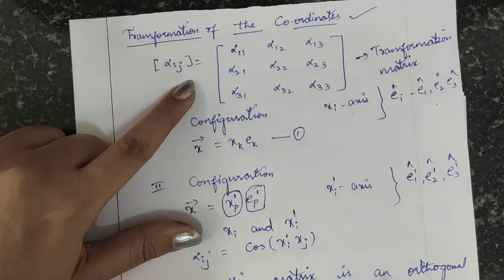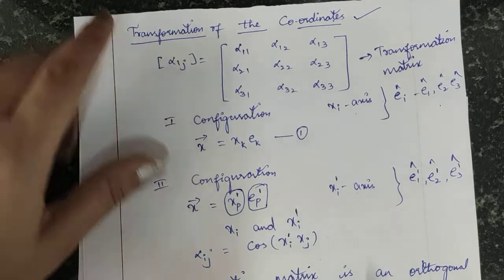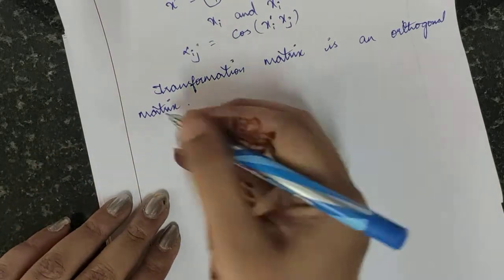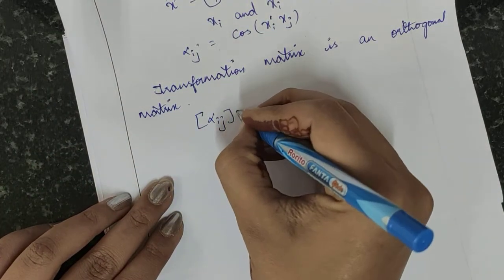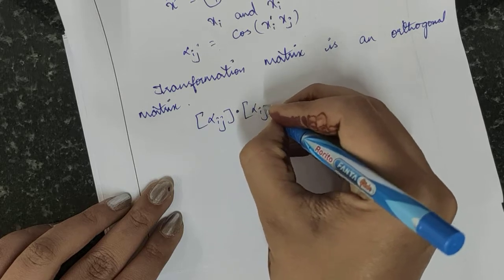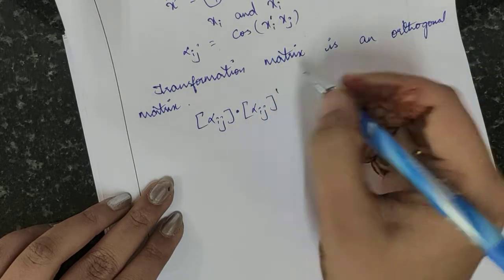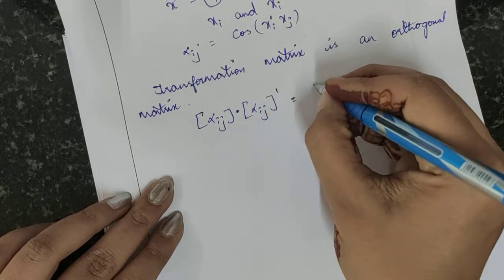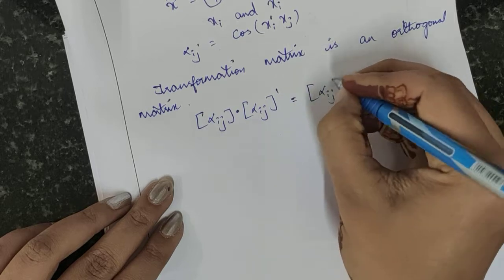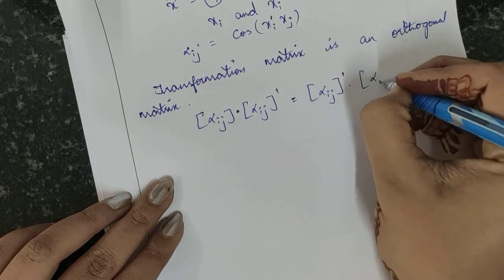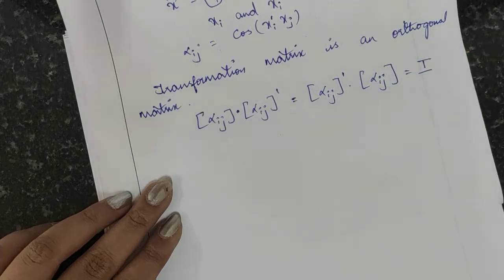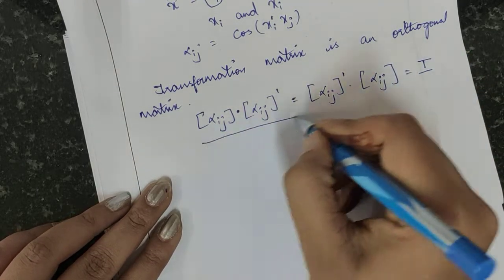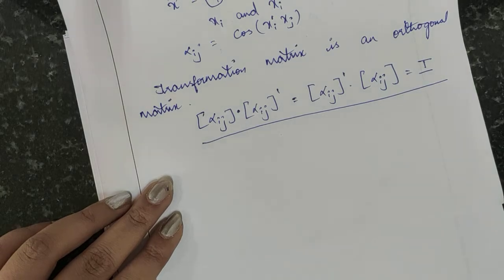In order to say this matrix is an orthogonal matrix, I have to prove that alpha ij into alpha ij transpose, I will denote the transpose as dash, is equal to alpha ij transpose into alpha ij is equal to identity matrix I. This is what we have to prove.